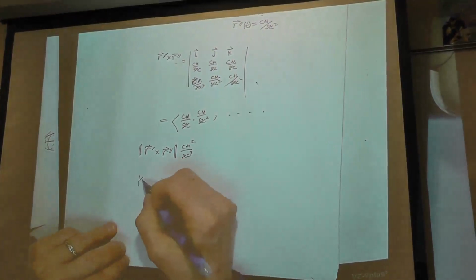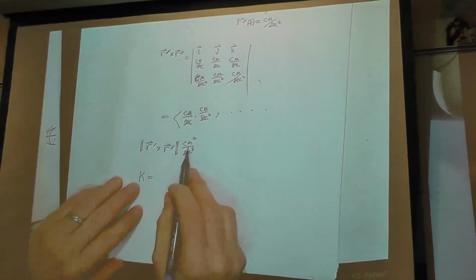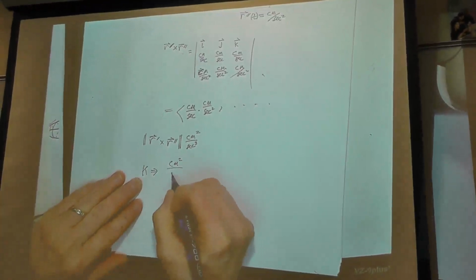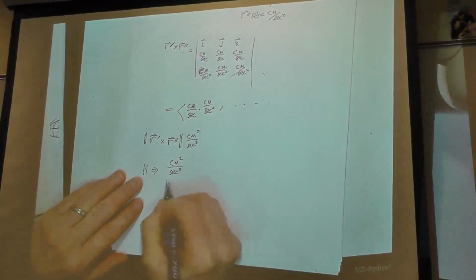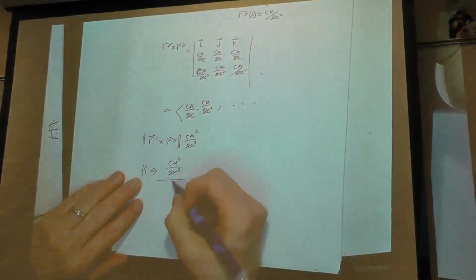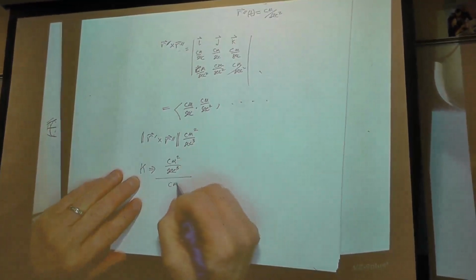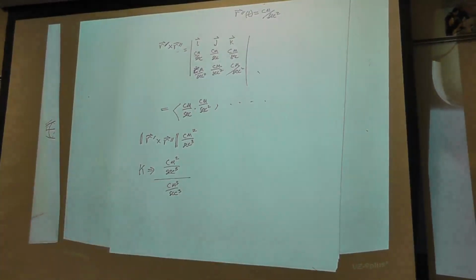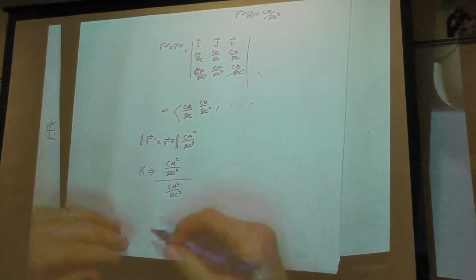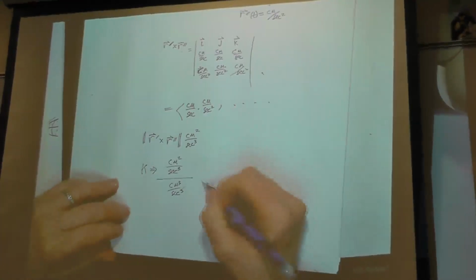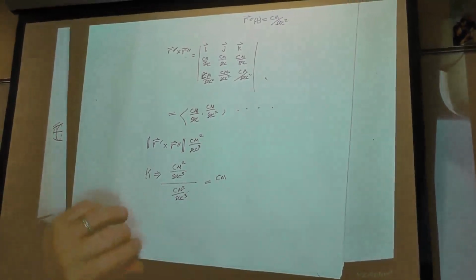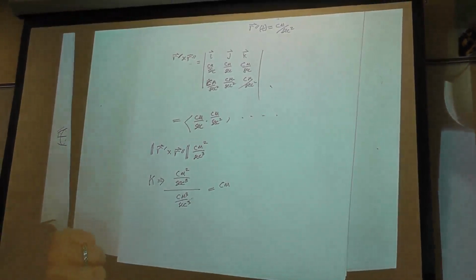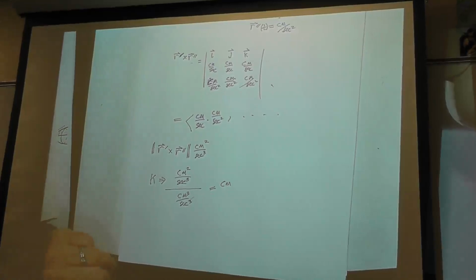So K would have units in the numerator of centimeters squared per second cubed over centimeters cubed seconds cubed. When you unwind the algebra here, that's going to give you centimeters. So the units of curvature apparently are going to be in centimeters.